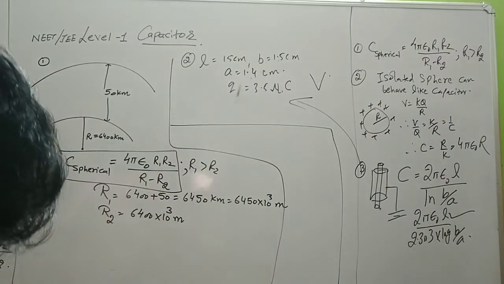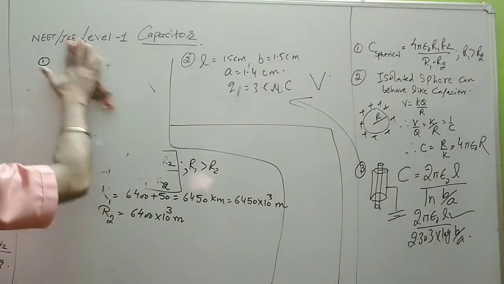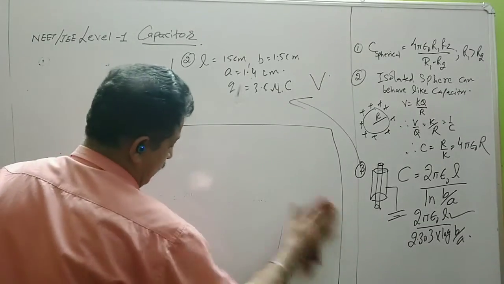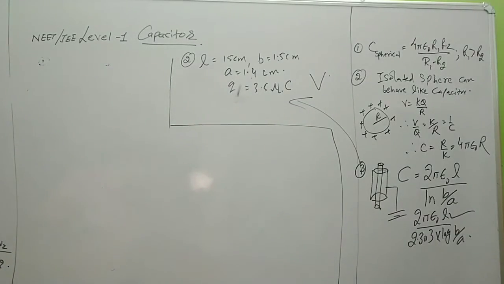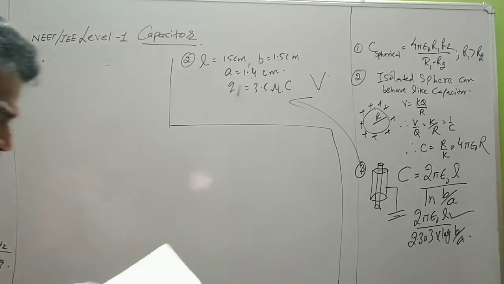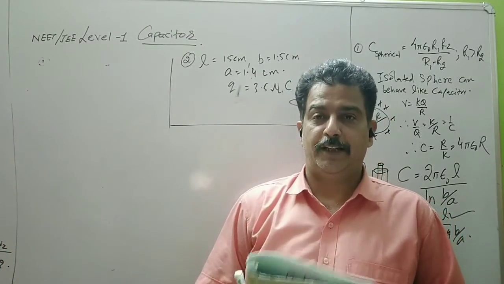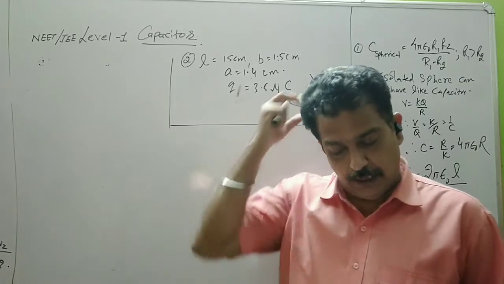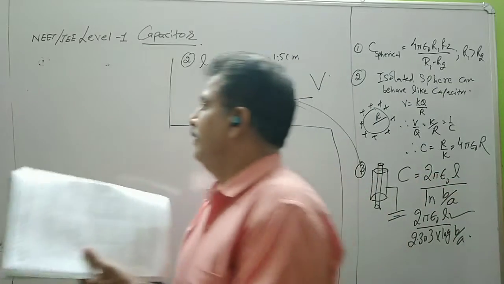The first two MCQs are direct applications of the formula. Now let us move to the third MCQ. The capacity of a condenser A is 1 microfarad. Now we have a capacitor sum. So we have one capacitor.